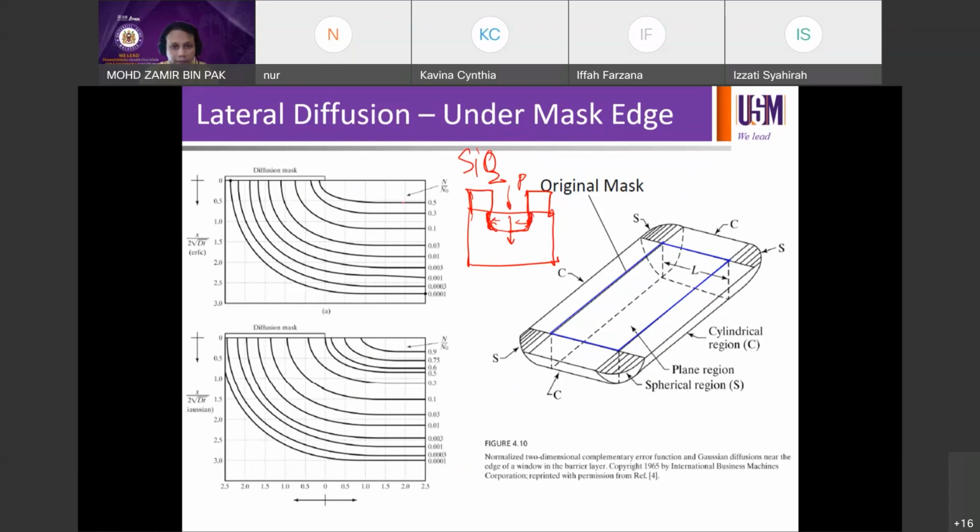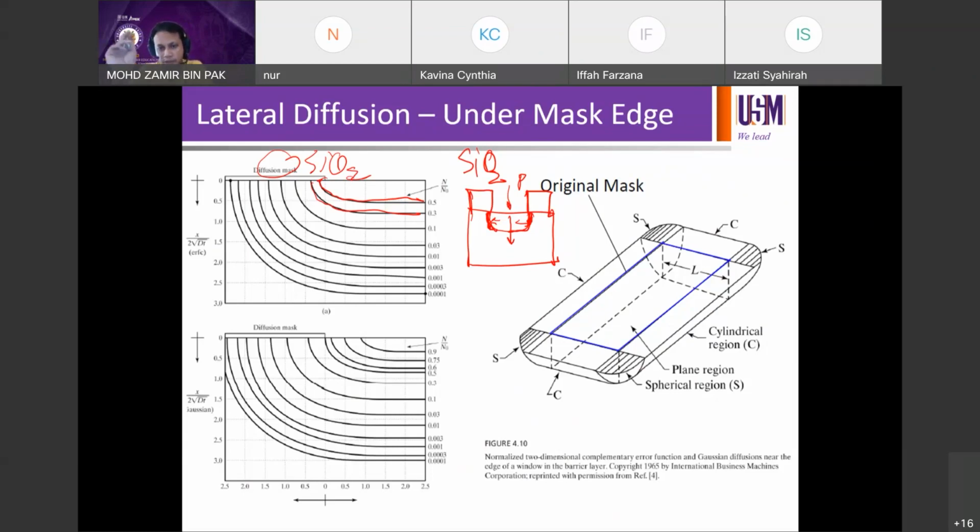So that's what you get here. The diffusion mask is the oxide. So the longer you go or the higher the temperature, it will go to the side at the same time. So it's quite hard to control because the lateral component, or the horizontal component, will always be there during the diffusion process.